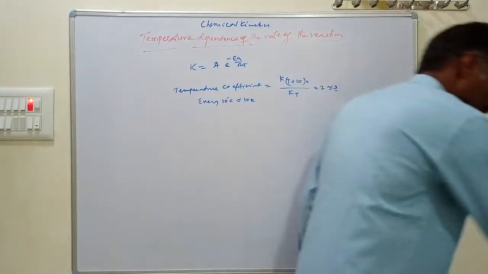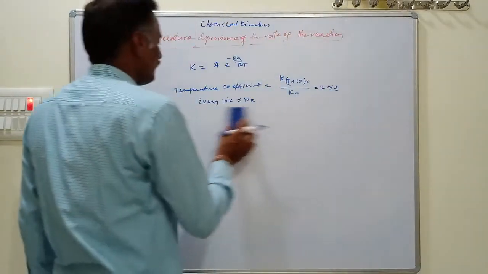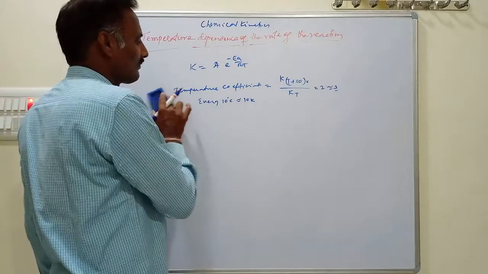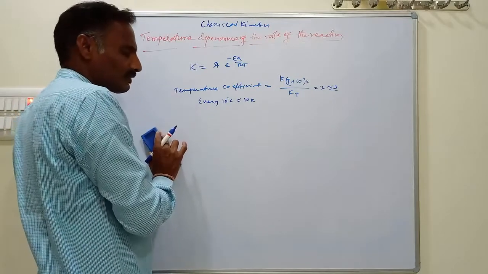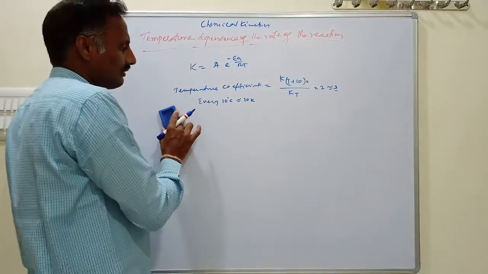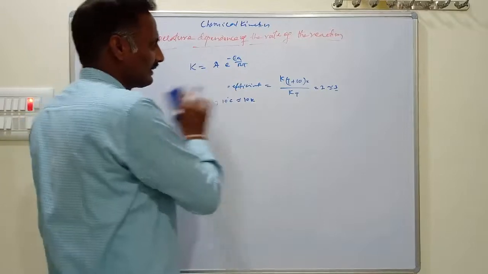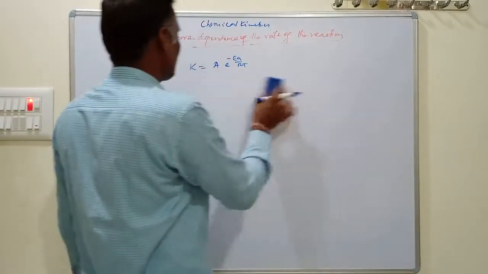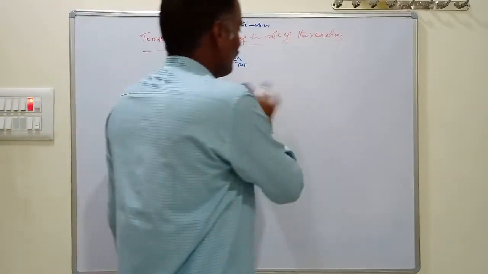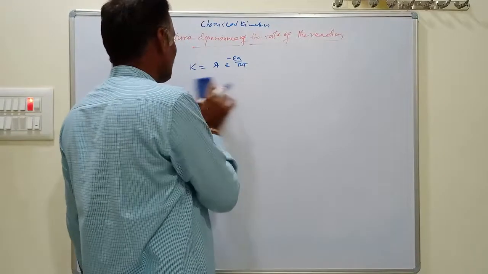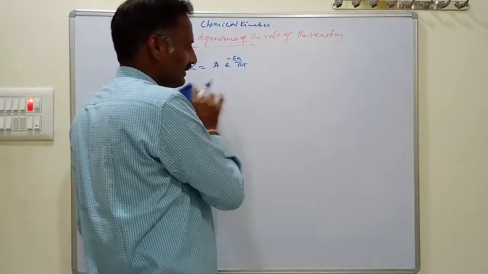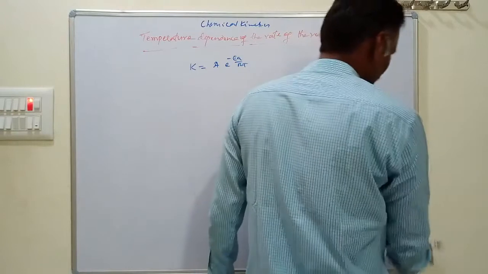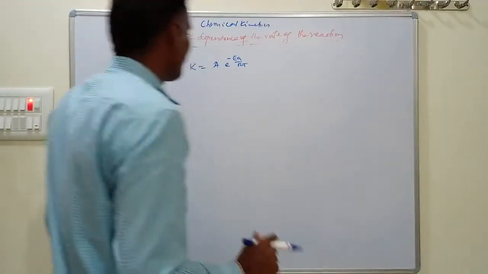To explain the temperature dependence of the rate of reaction, there are many theories: one is collision theory and one is Arrhenius theory. According to Arrhenius theory, Arrhenius gave a physical explanation and interpretation of the effect of temperature on the rate of reaction.